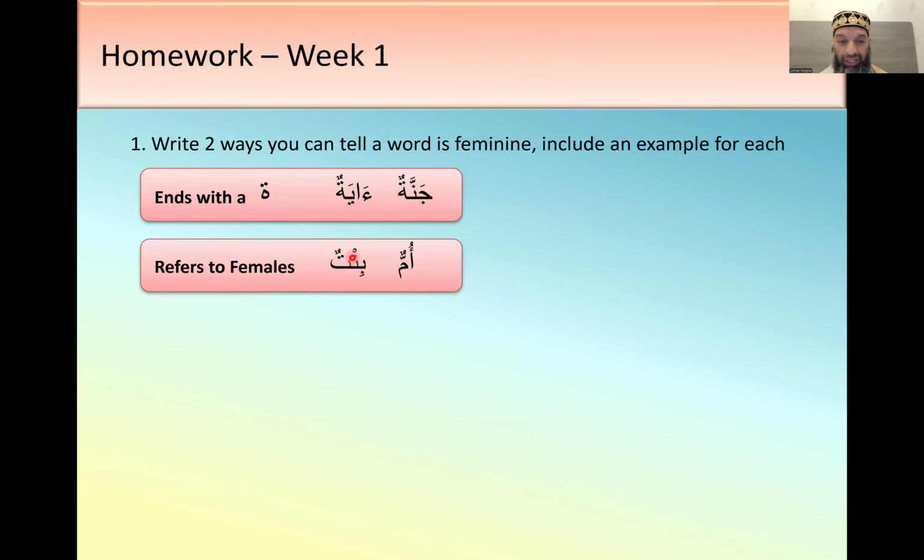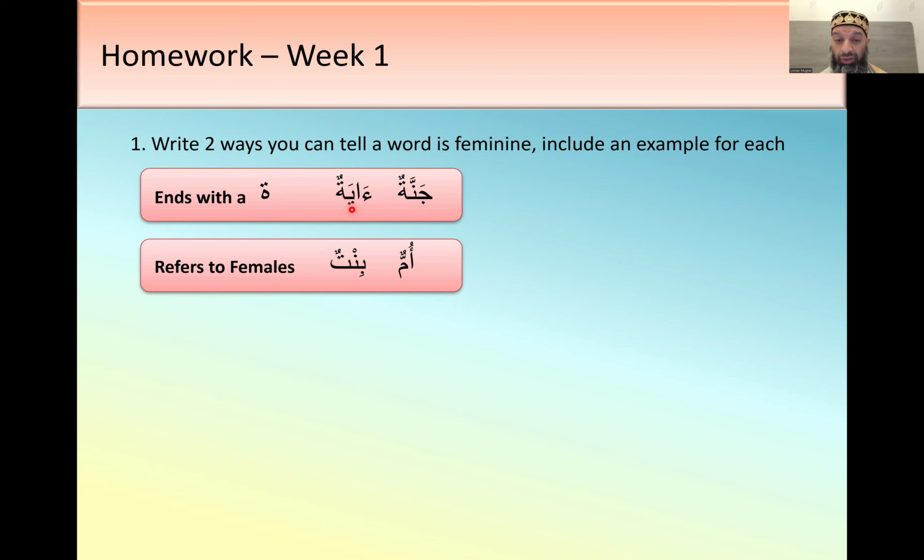This is a normal ta here. When you tie its ends up, it becomes a circle and becomes like this. So whenever this comes at the end of a word, it is a feminine word. When it joins on to the previous letter, it looks like this. So a ta marbuta is a sign of a feminine word.